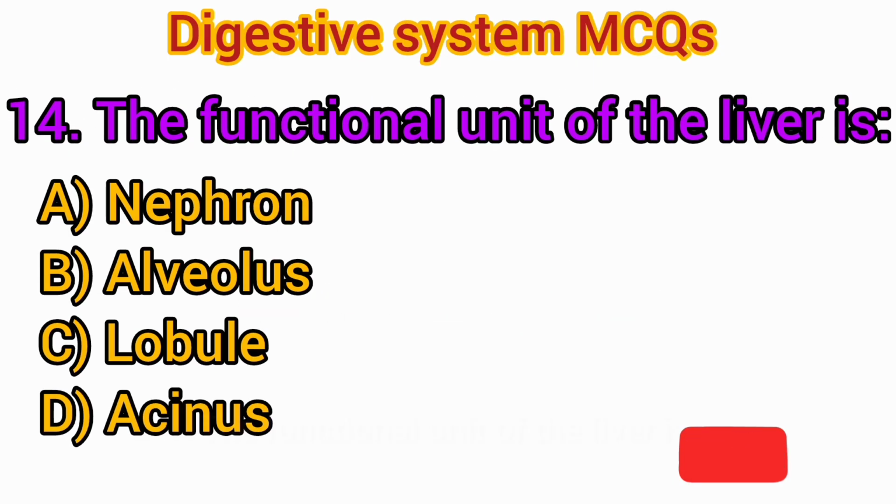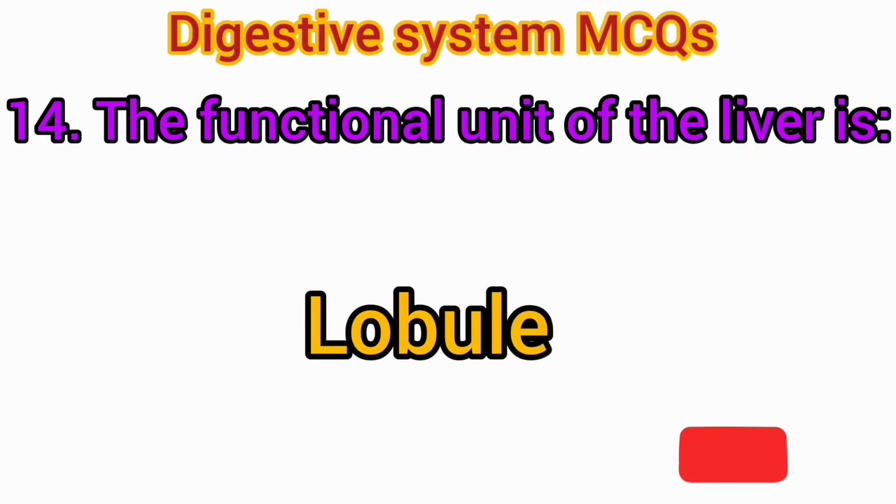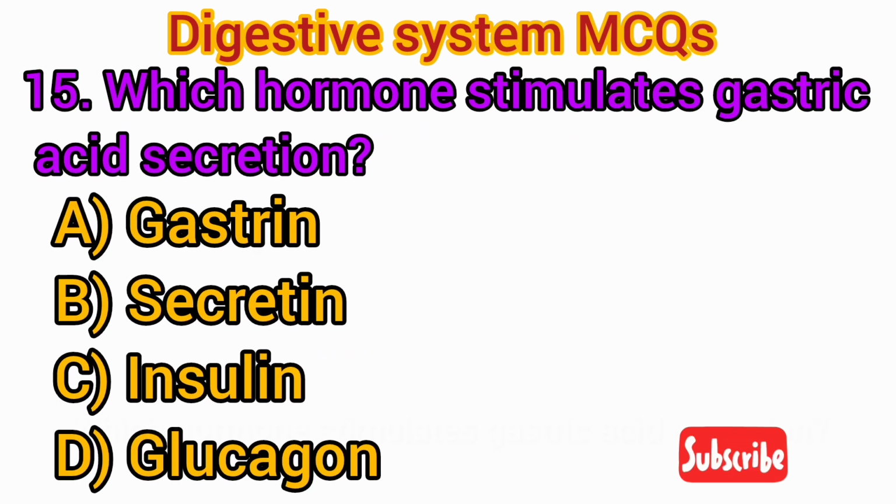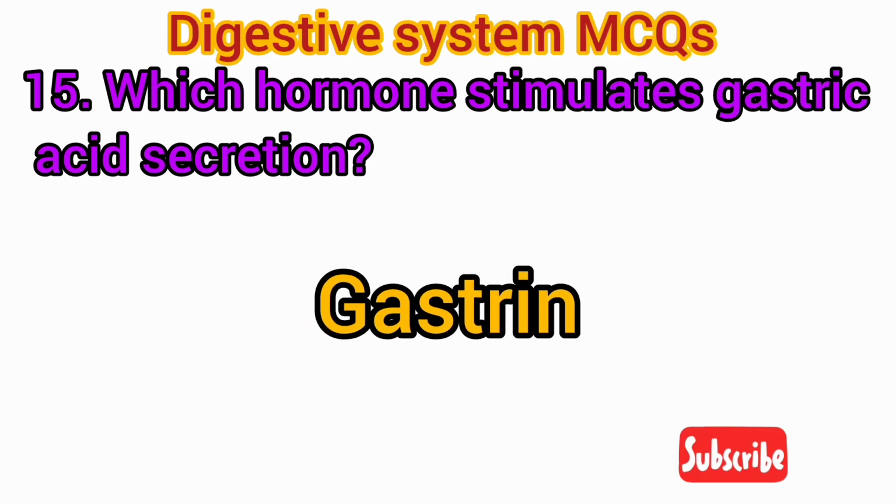The functional unit of the liver is... lobule. Which hormone stimulates gastric acid secretion? Gastrin.